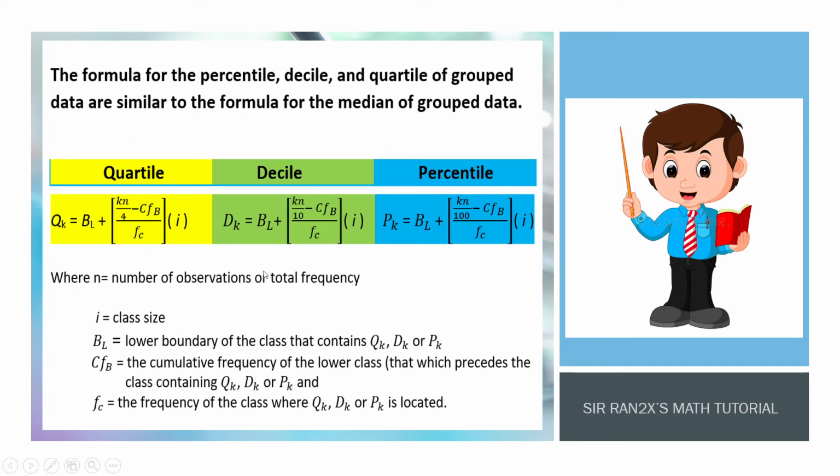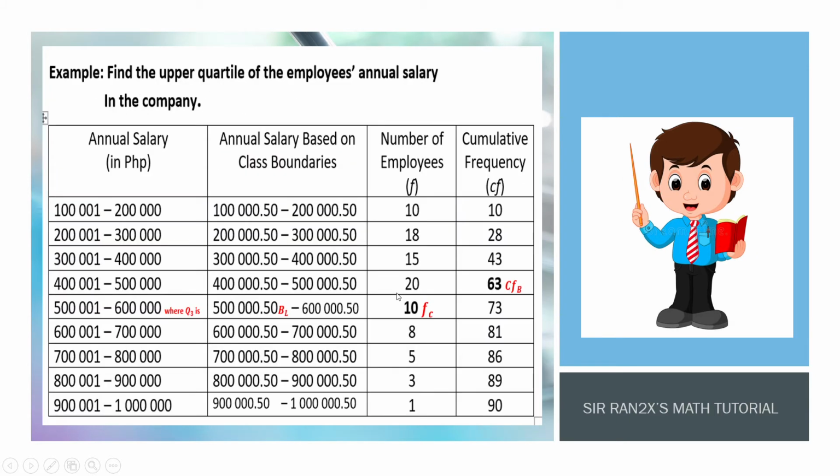Now, let's learn by doing a problem. Here is the problem. Given this grouped data, already presented in a table, find the upper quartile of the employees' annual salary in the company.